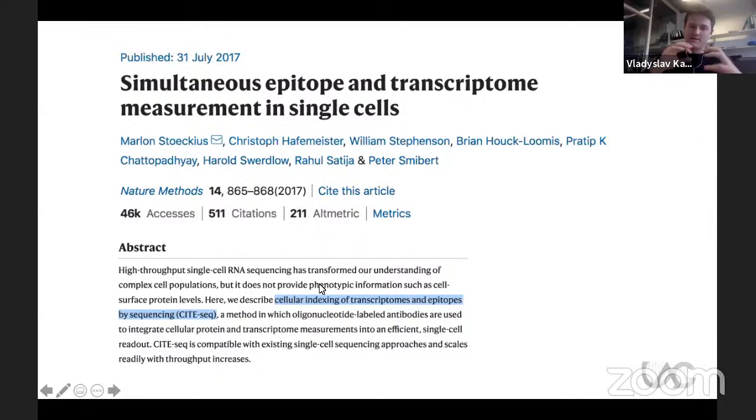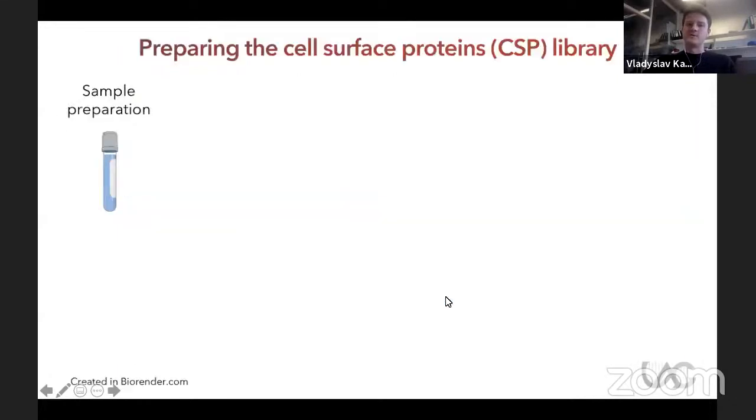As I said, we will concentrate only on methods that you might use in your lab, so it's maybe better that we just concentrate on some commercially available methods. That's why let's talk about one method that will allow you to gain information from the transcriptome and also from the proteome of each cell. So how do we prepare this library? How do we prepare this epitope cell surface protein library? How do we access this information?